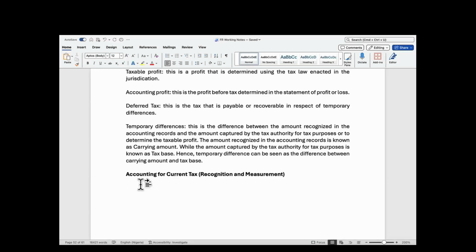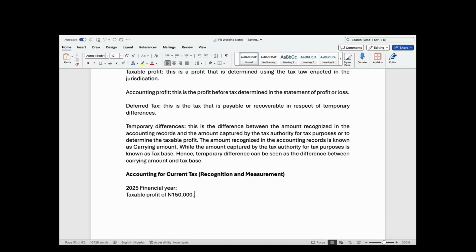So let's say we have 2025 financial year, this year that just went, and we have a taxable profit of 150,000 for 2025 financial year.